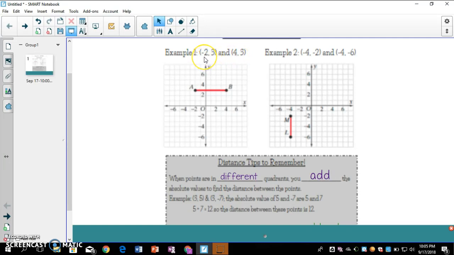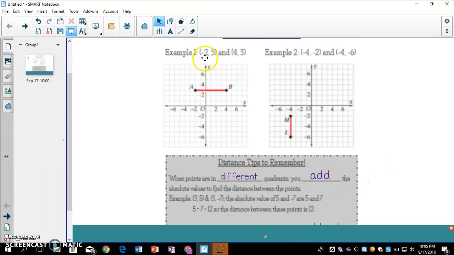I'm not going to take -2 plus the 4 because that -2 is really showing me that it's 2 to the left of the y-axis, and so I don't really want to use -2. I really want to use its absolute value, saying that it's 2 away from the y-axis. That's what I mean by adding the absolute value.